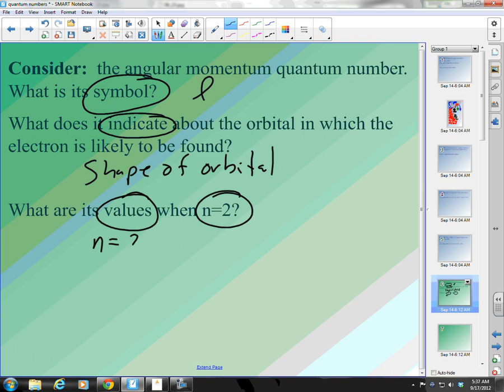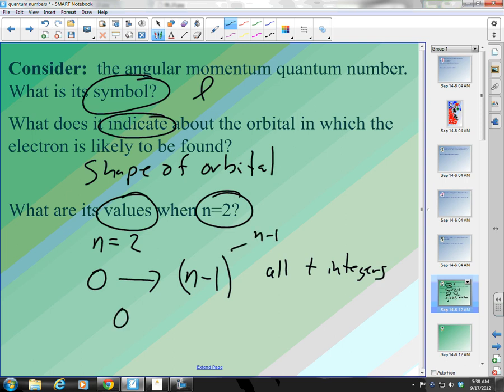We start at 0, we go to n minus 1, and we use all positive integers. So 2 minus 1 is equal to 1. When n is equal to 2, we have two quantum numbers.